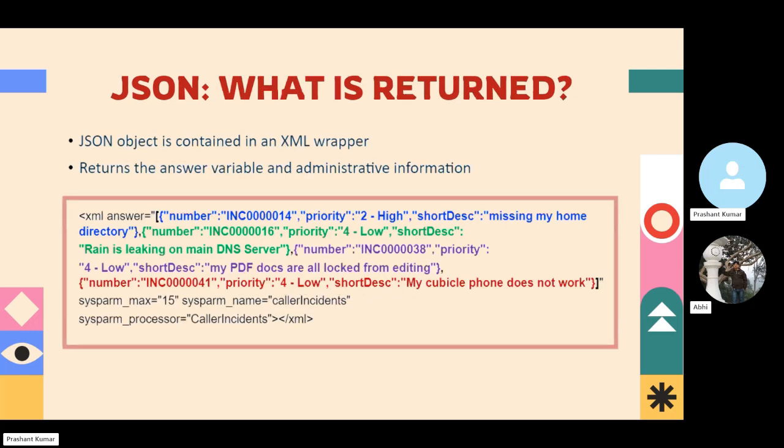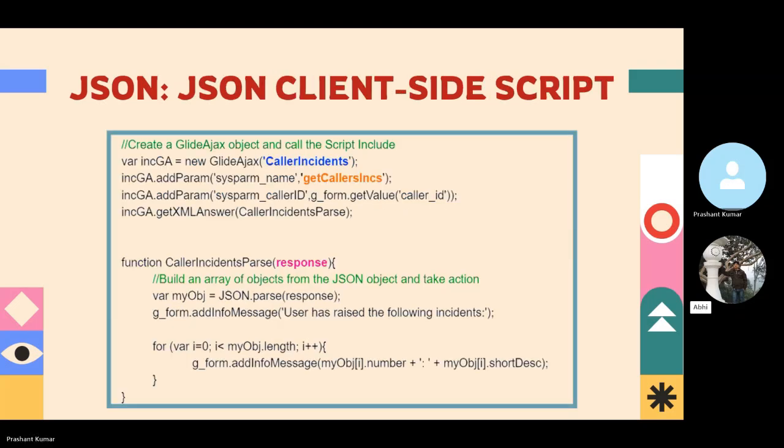So this would be the script include, which would be written on the script include side. And what will be returned? Under the XML side, you will return this data in JSON format, which is wrapped under XML. And the client side script will look like this.